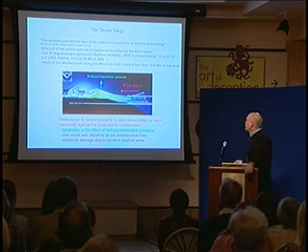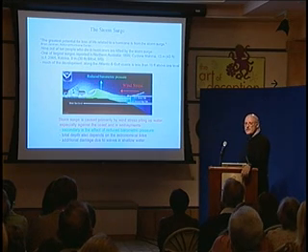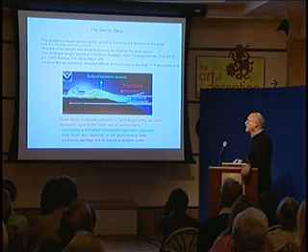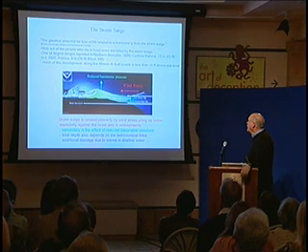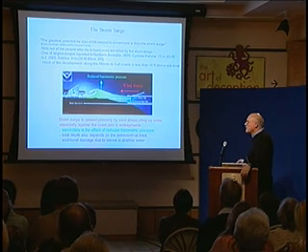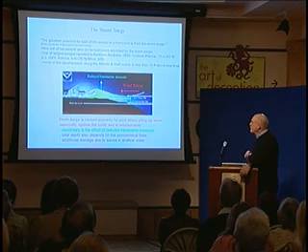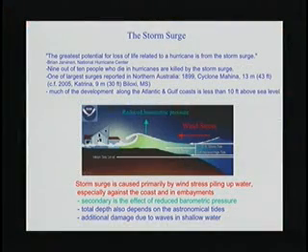So the storm surge is caused primarily by wind stress piling up the water, especially against the coast and in embayments. A secondary effect is a reduced barometric pressure, and the total depth obviously also depends on the astronomical tides, mainly due to the sun and the moon. And there is also additional damage due to the waves here in shallow water.